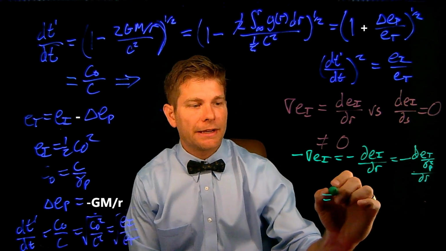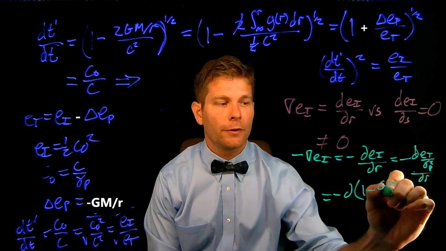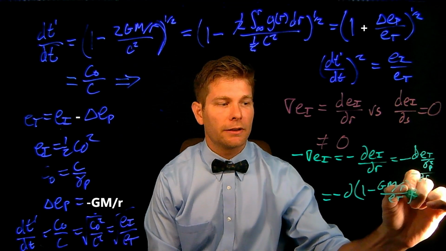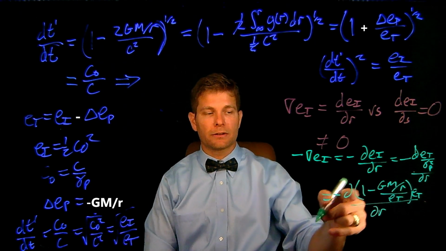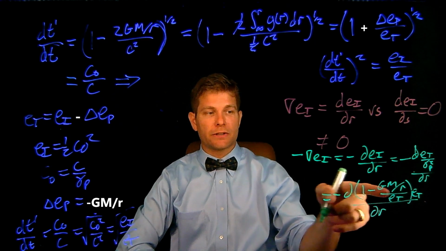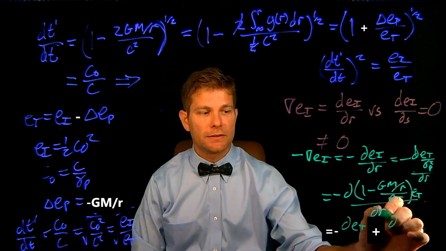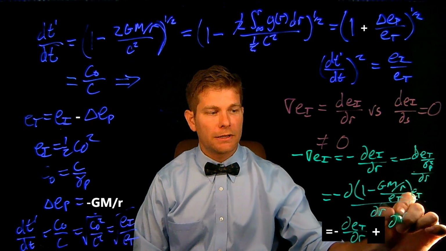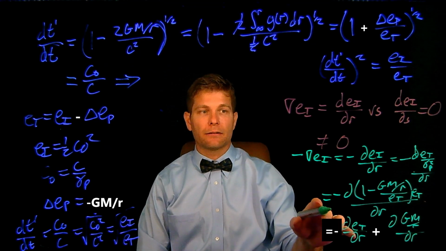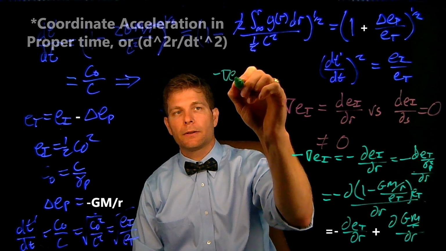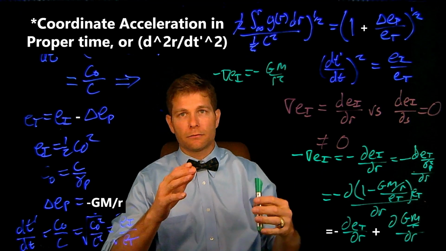So that's equal to negative change of 1 minus GM over r over this ET term, and ET, right, over dr. Now you can carry the terms and then cancel, so this ET term can distribute and cancel, and this derivative can distribute, and so what you end up getting is this dET minus d over dr of GM over r, dr, right? And this whole thing equals negative GM over r squared, or the Newtonian gravitational specific force.